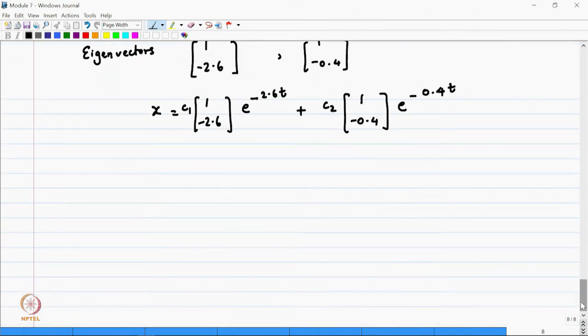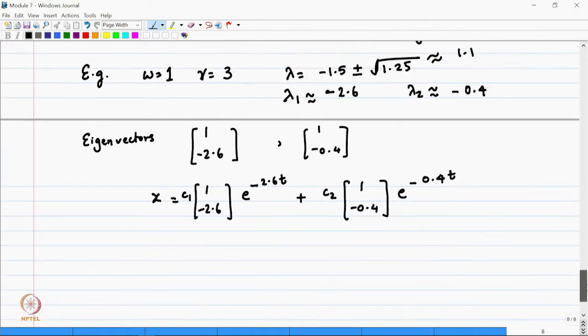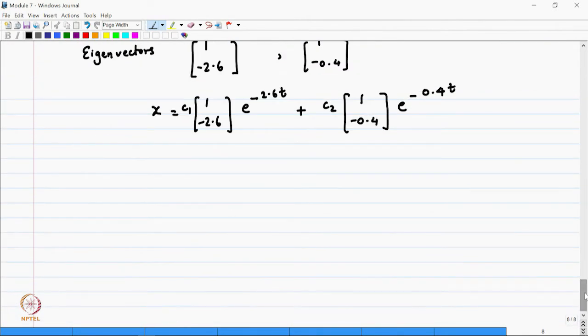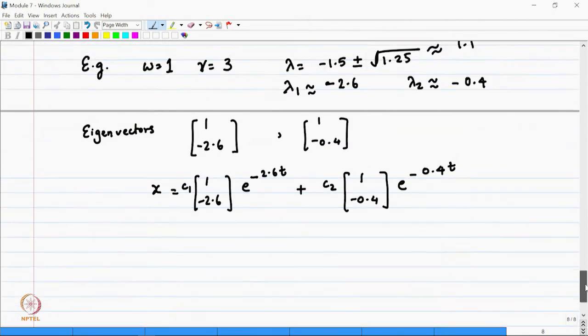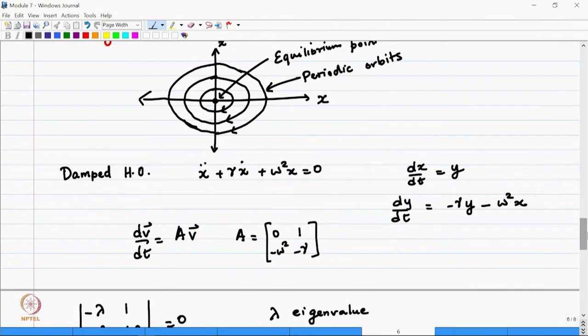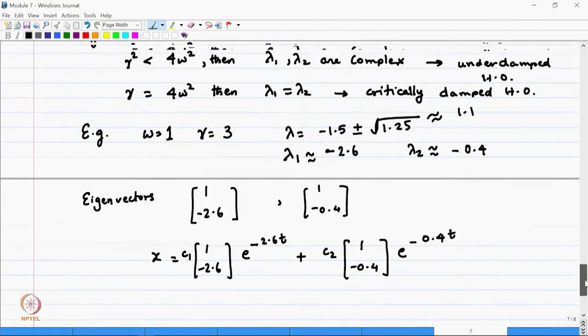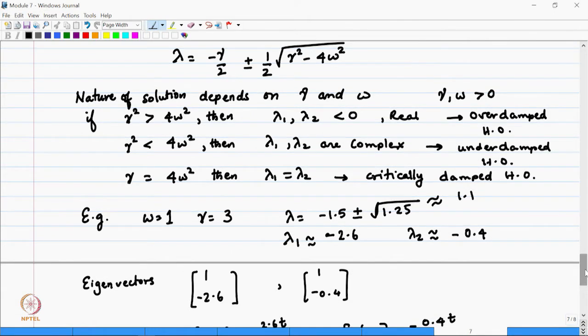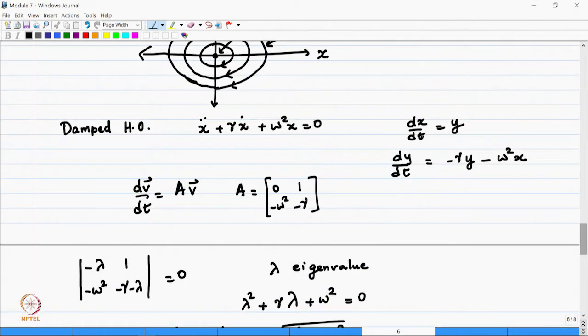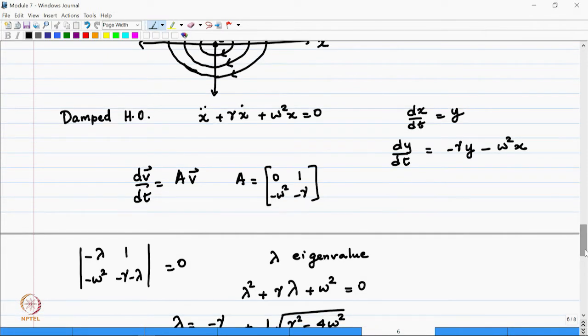Now, we can look at the phase portrait of this. Obviously, the solution depends on the values of C 1 and C 2, which are governed by the initial conditions. So, you come back to this expression for the damped harmonic oscillator: dx by dt equal to y, and dy by dt is given by this expression.